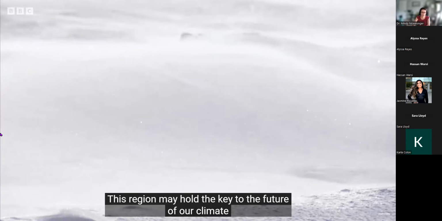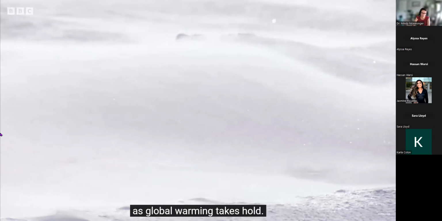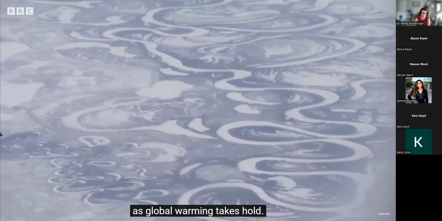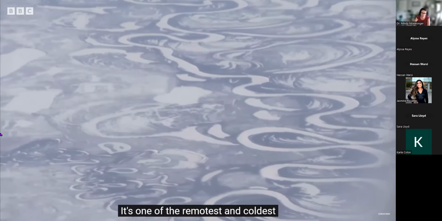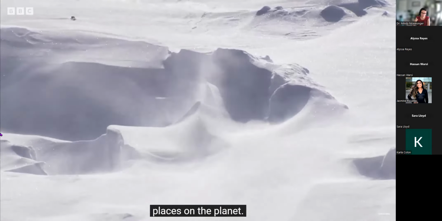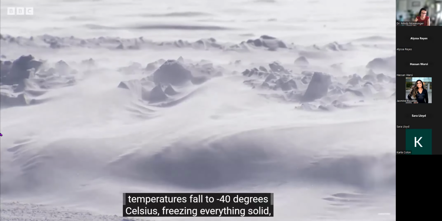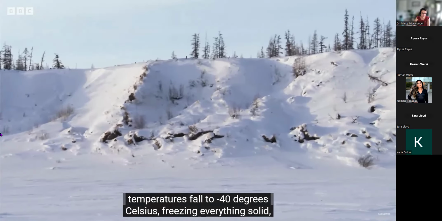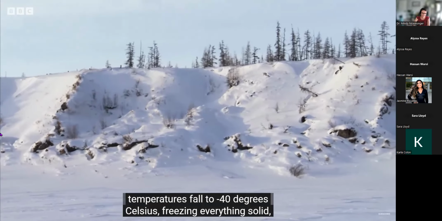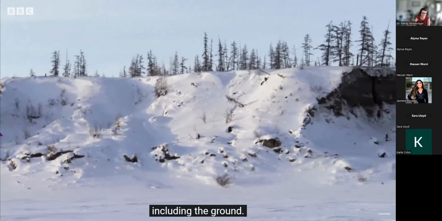This region may hold the key to the future of our climate as global warming takes hold. It's one of the remotest and coldest places on the planet. For much of the year, temperatures fall to minus 40 degrees Celsius, freezing everything solid, including the ground.